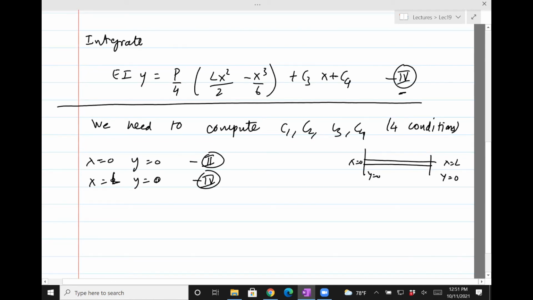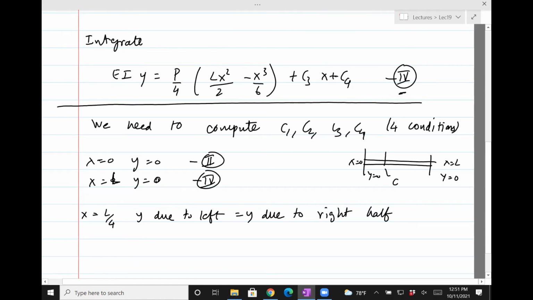So I note that at C, since the left side and right side connect, at x equals L divided by 4, y due to the left half equals y due to the right half.